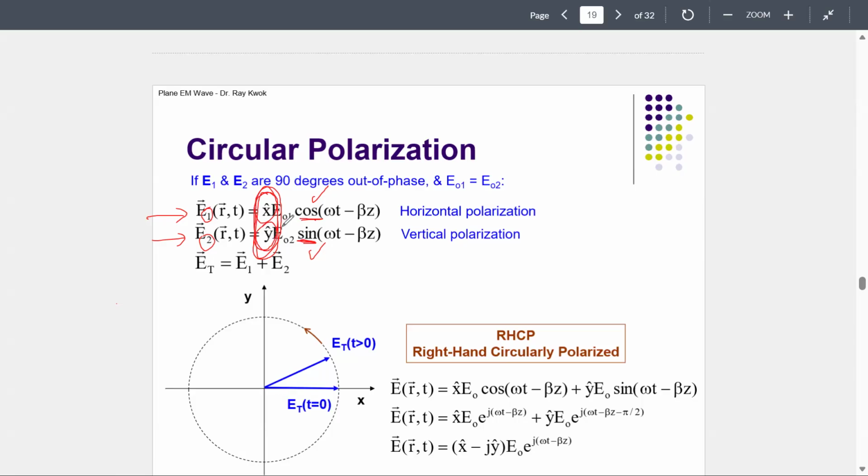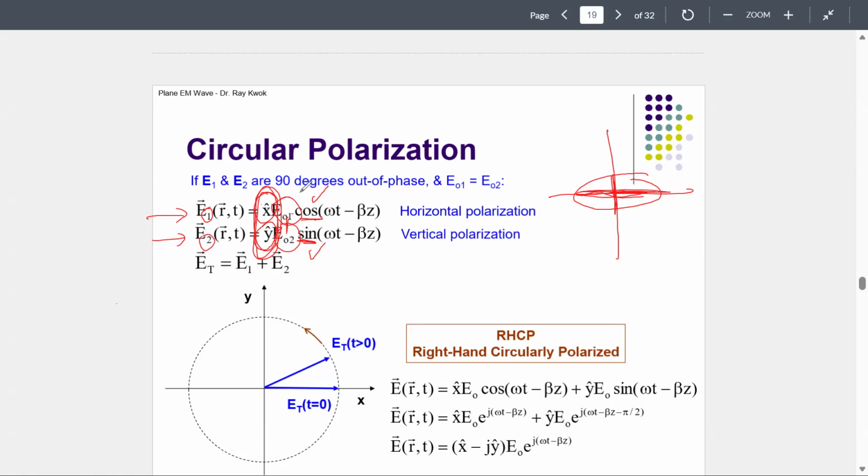The third condition is that these two amplitudes must be the same. If they are not the same, you will end up with an ellipse. That means along the x direction you have one amplitude, and along the y direction a different amplitude. You don't have a circle, you have an ellipse. Let me repeat one more time. In order to have a circular polarization, these three conditions must be met.